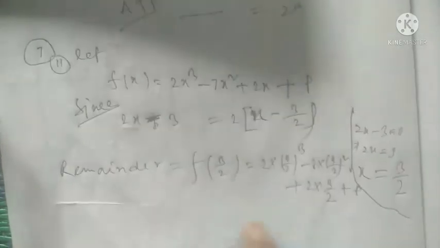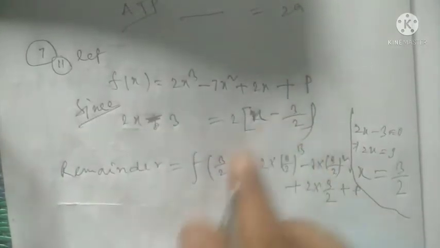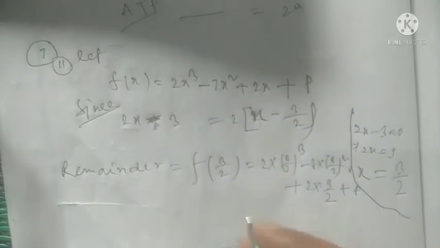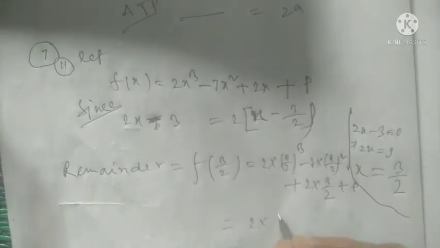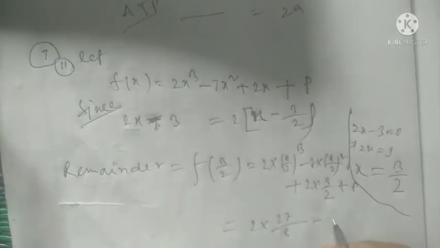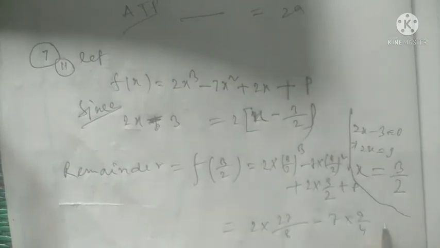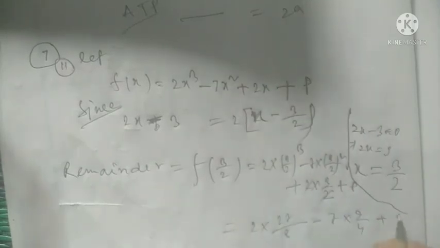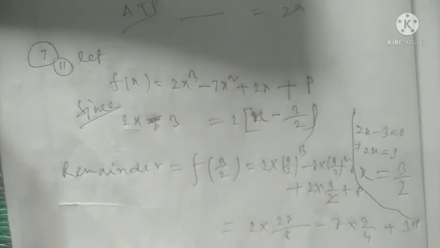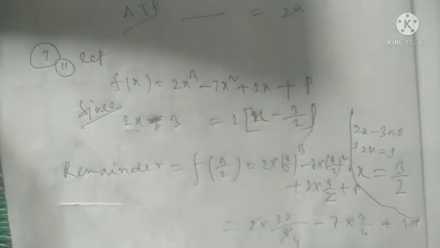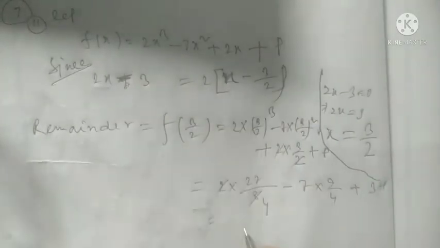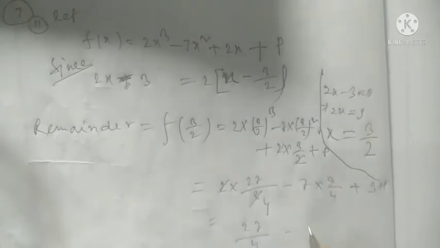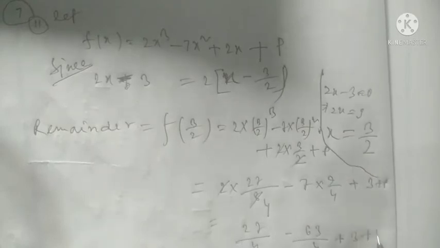Okay, so you have to calculate this. 2 into 27/8 minus 7 into 9/4 plus 2 cancels, so it will be 3 plus p. 2 times 4 is 8, so it will be 27/4 minus 63/4 plus 3 plus p.